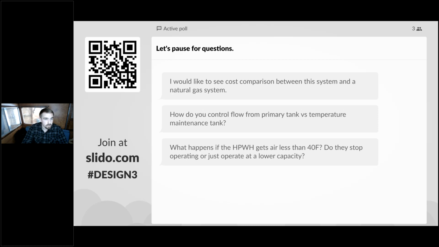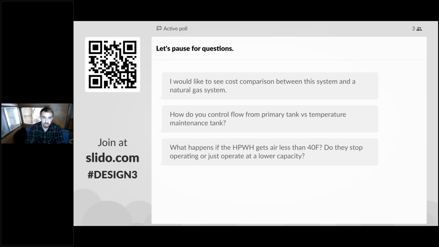And how do you control flow from the primary tank versus the temperature maintenance tank? Maybe I'll scroll back to the previous diagram after we make sure no more questions are coming in, but the gist of it is that with the temperature maintenance tank, we have two loops in parallel. The primary storage only supplies water to the residents who are actually opening the tap and pulling hot water out of the system.